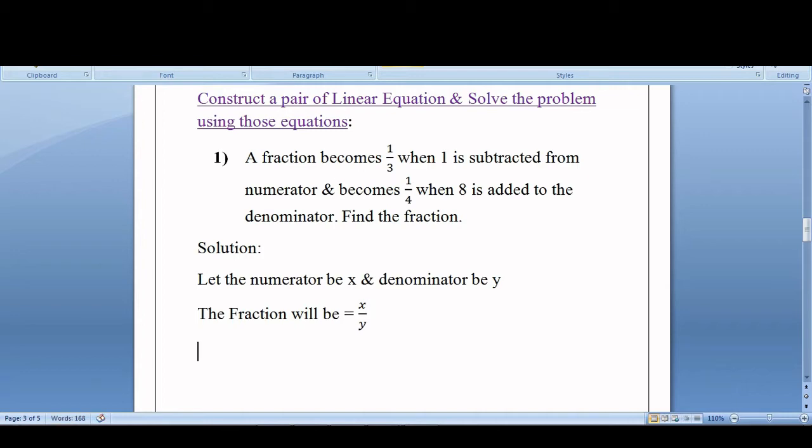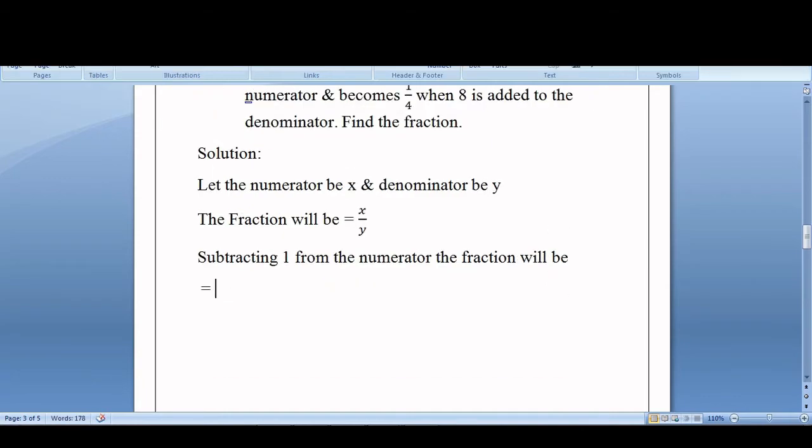Now it is clearly mentioned that we have to subtract 1 from the numerator in the first case. So let us subtract 1 from the numerator. So it will be x minus 1 divided by y. The denominator will remain as it is.